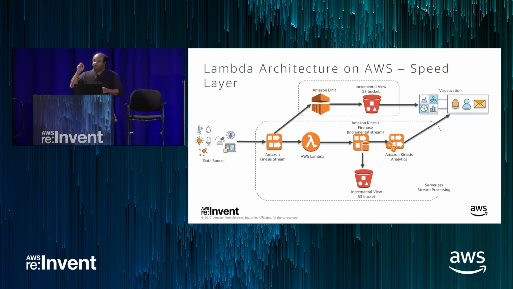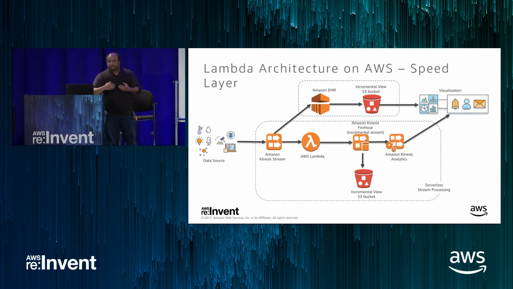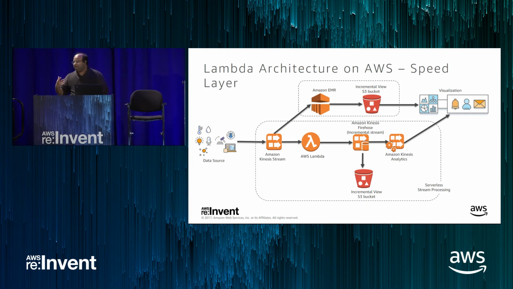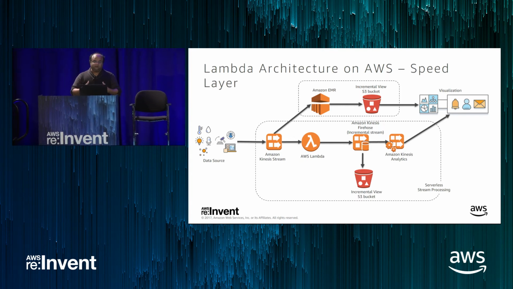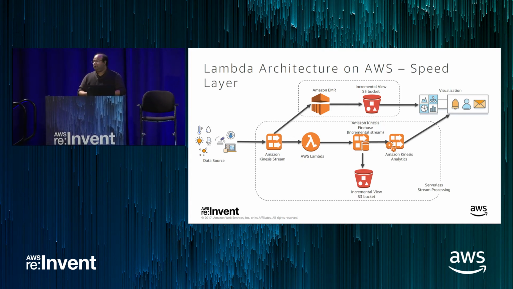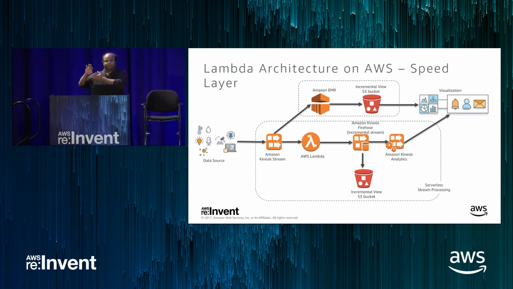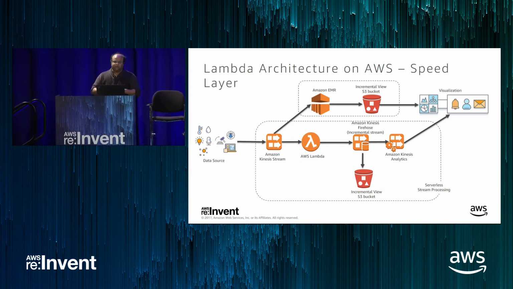You stream it to Kinesis Stream, and then you can do pre-processing with Lambda before it's sent over to Kinesis Firehose. With Kinesis Analytics, you can run SQL-like queries on top of the Kinesis Firehose. And Kinesis Firehose is also streaming your data to a persistence store.